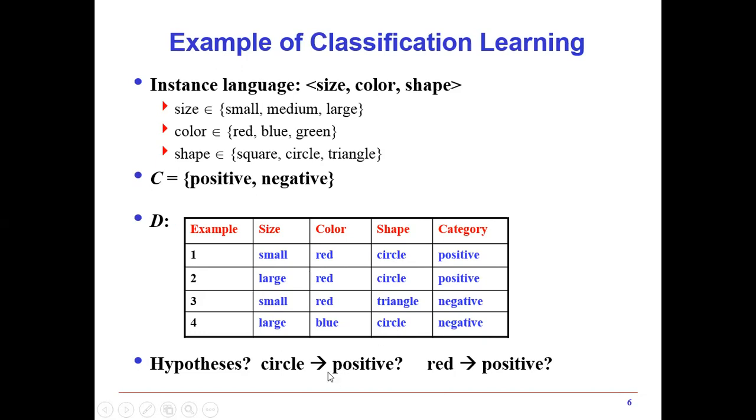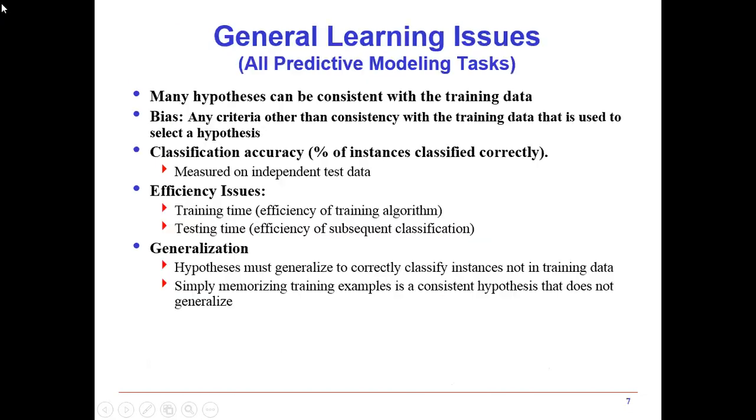So we cannot say this hypothesis is correct. The next is red tends to positive, meaning whenever the red color occurs, it is positive. The first two times red appears, it is a positive class label, but the third time red appears, the class label is negative. So we have generated two classifiers, but two times they misclassified the data.